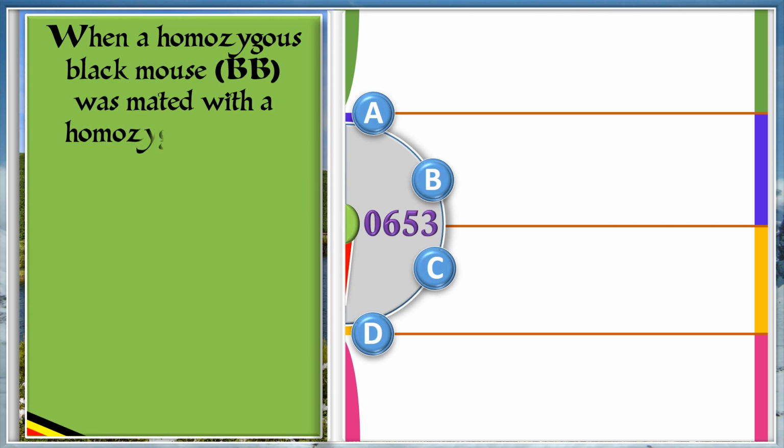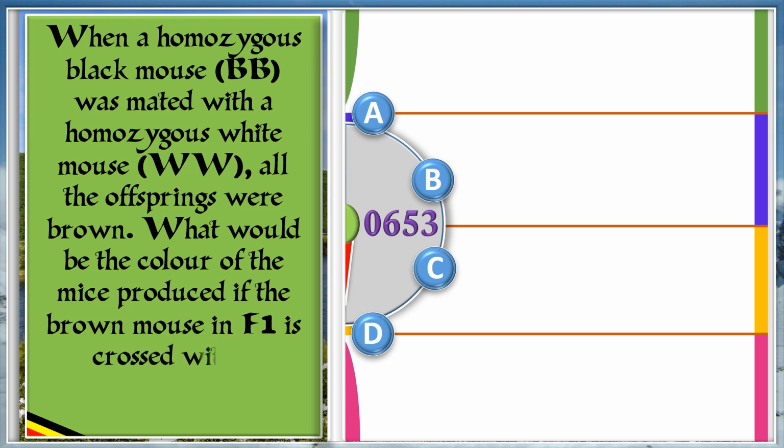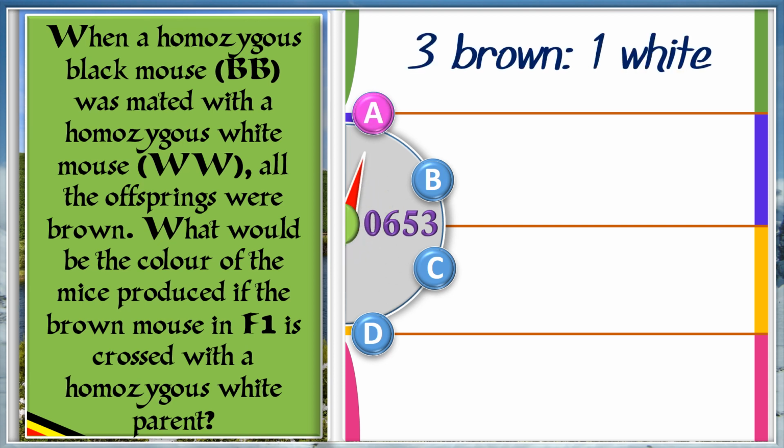When a homozygous black mouse, that is capital B, was mated with a homozygous white mouse, capital W, all the offspring were brown. What would be the color of the mice produced if the brown mouse in F1 is crossed with a homozygous white parent? A, 3 brown, 1 white.